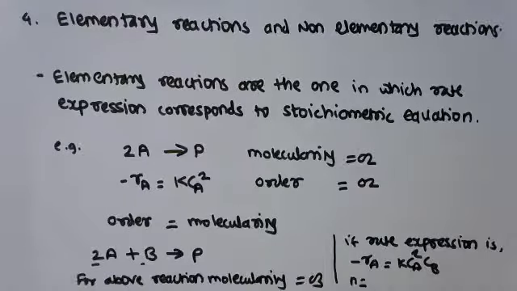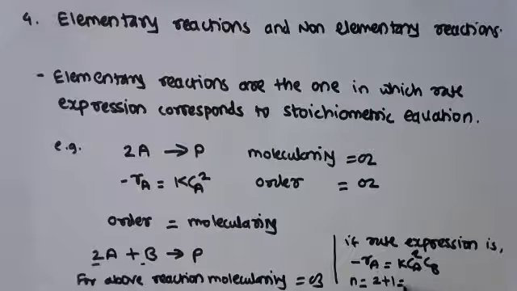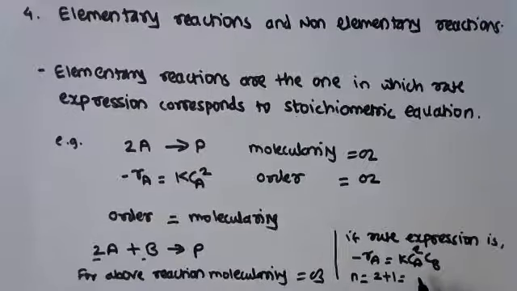Order of reaction is the sum of the powers raised to the concentration terms in a rate law expression. The 2 is the individual order of reaction with respect to A. So the order with respect to A is 2, order with respect to B is 1, and the overall order of reaction, which is basically known as the order of reaction, is equal to 3.